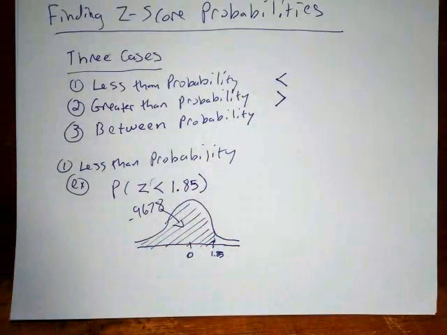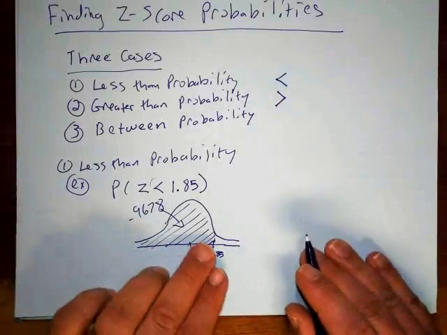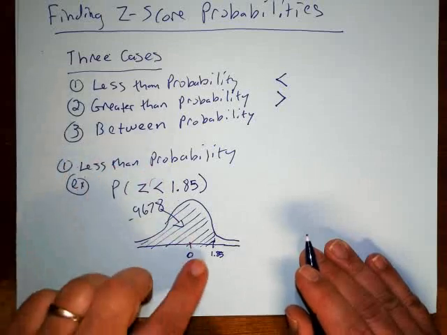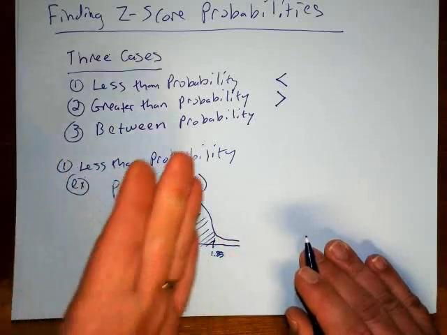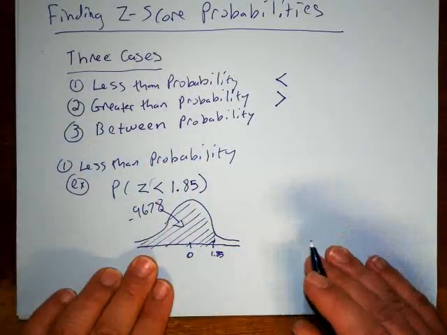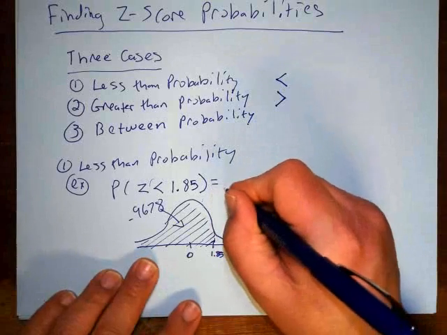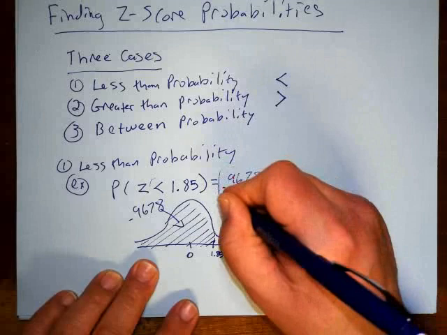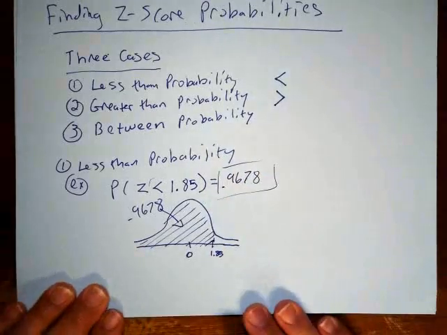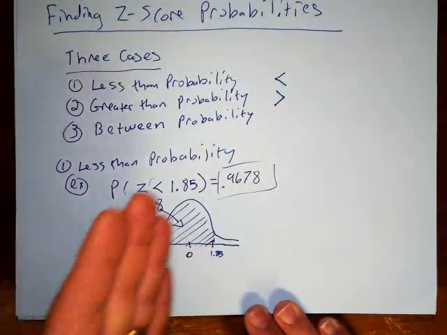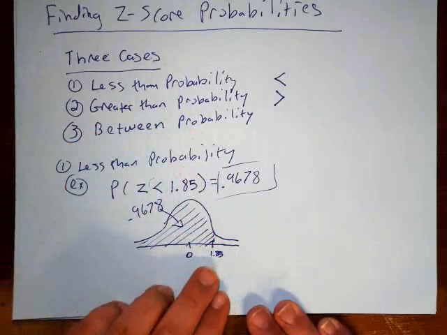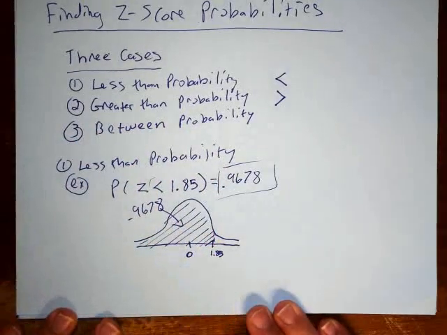That's actually the area I'm looking for, because I want all the area to the left of this z-score, and the table gives me the area to the left. So the table gives me the area I want, 0.9678. So that is the probability. You could also think of that as a percentage: 96.78% of the population have z-scores below 1.85.